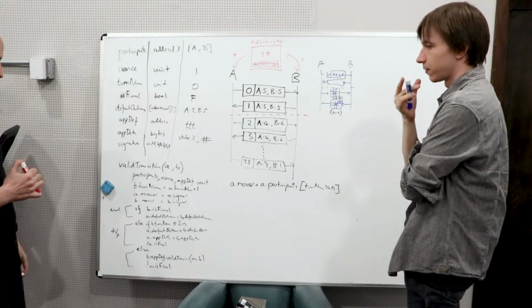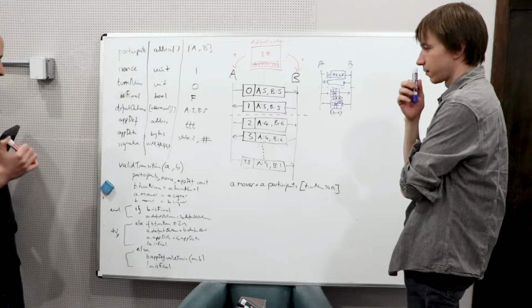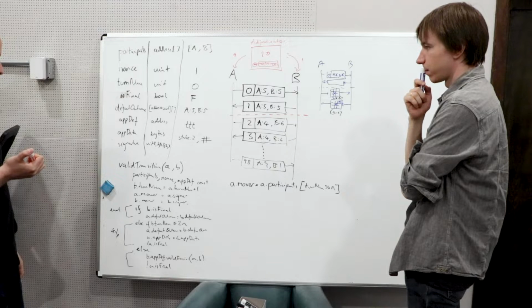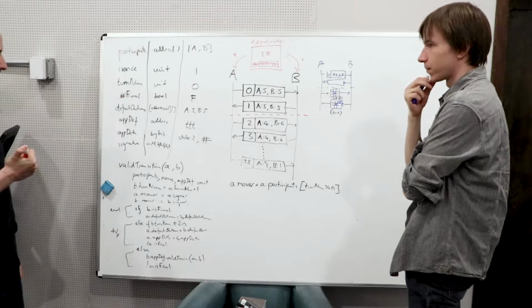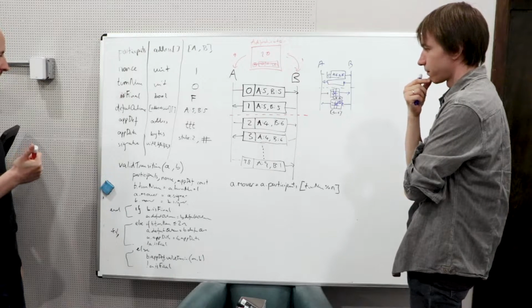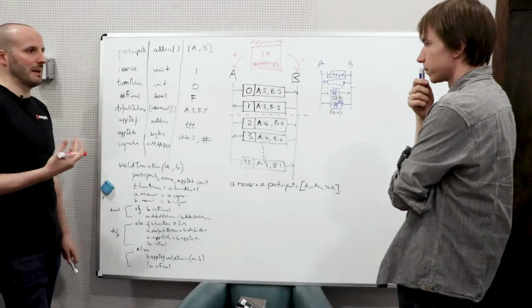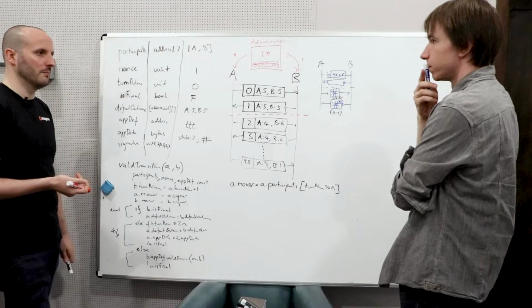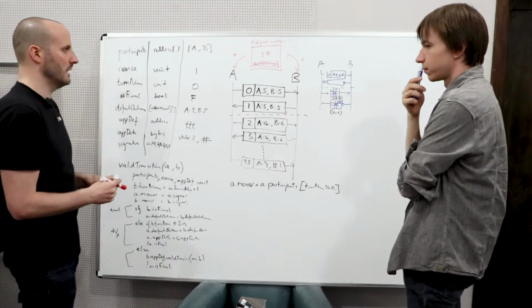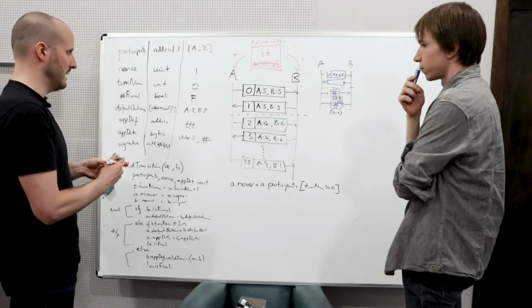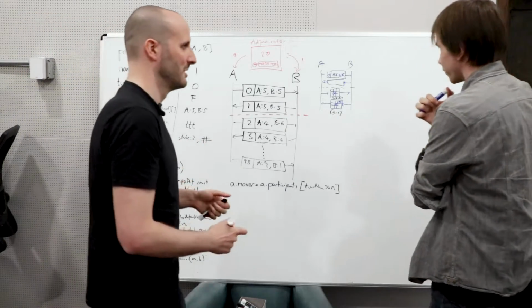So, I'm trying to think what bits I need to explain that. You need to know something about how challenges work to understand that. So can I come over and grab your board real estate?